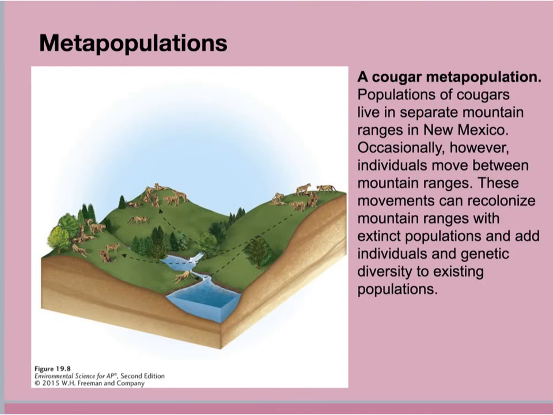So, using the cougars as an example, I'm often asked, as a biology teacher in the past, why are we not allowed to marry our brothers or sisters or our cousins? That is because when we interbreed, we increase the homozygosity of our recessive genes.